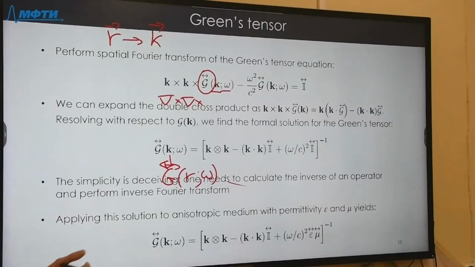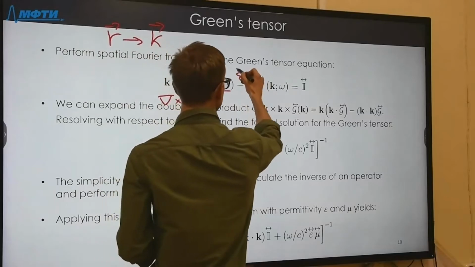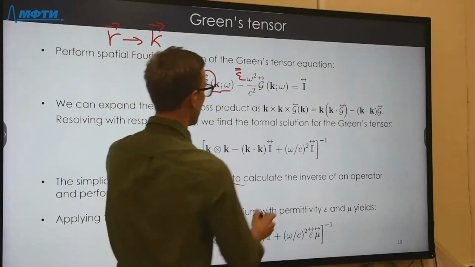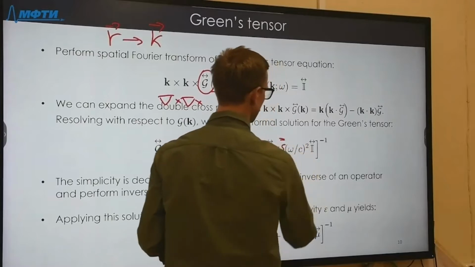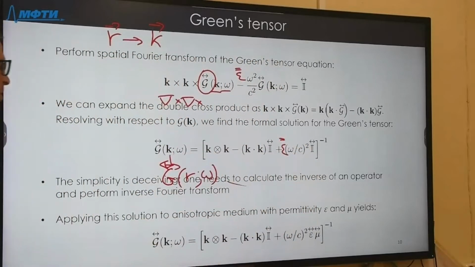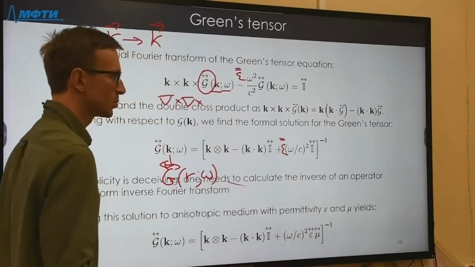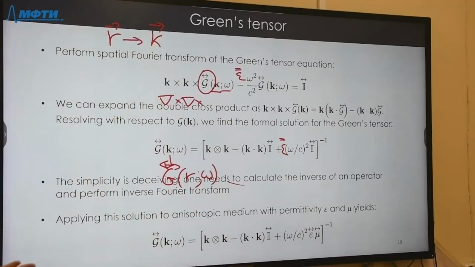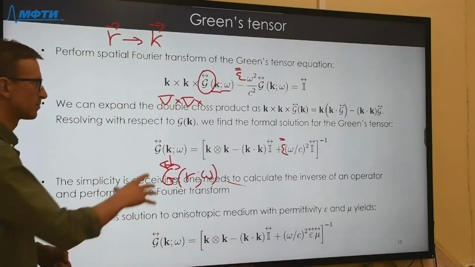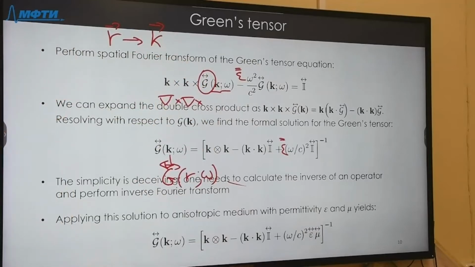So to that sense, we simply plug epsilon here. So epsilon also appears here. And this is it. This is the answer to the Green's tensor problem in a medium with an arbitrary anisotropy. You simply plug your tensor epsilon mu in this expression, calculate the inverse, well, which might be complicated, of course, but it can be done numerically. It is much easier and more transparent than trying to find the Green's tensor of an anisotropic medium in the real space, where this problem is much, much more complicated.